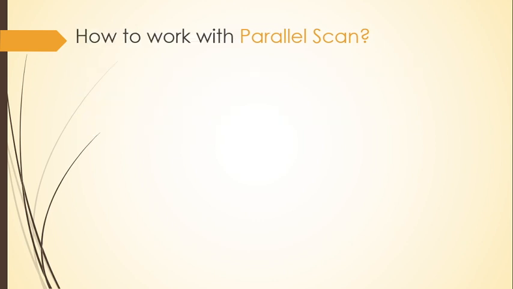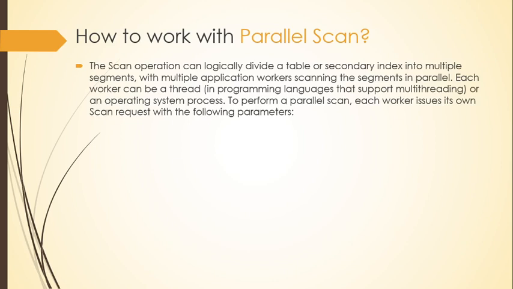How to work with parallel scan? The scan operation can logically divide a table or a secondary index into multiple segments, with multiple application workers scanning the segments in parallel. Each worker can be a thread or an operating system process.